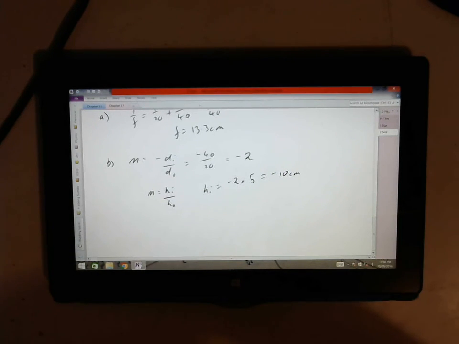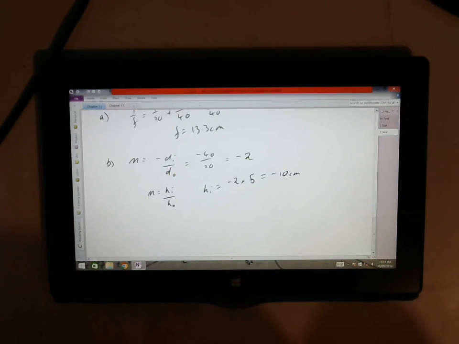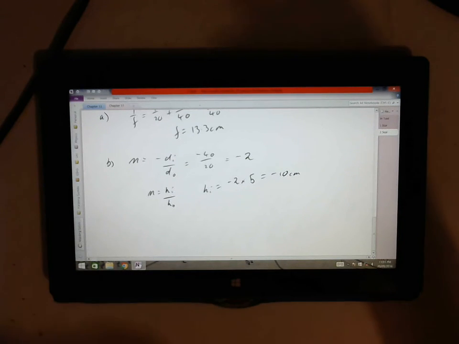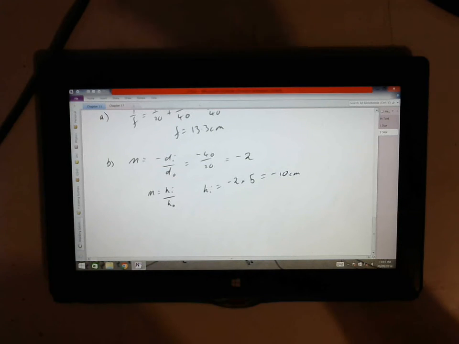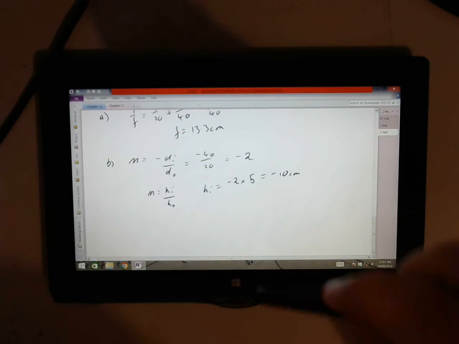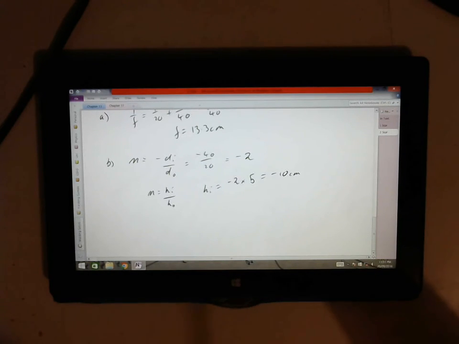Like, if we use these sort of mirrors to create an image in, say, a television or a projector, it starts off upside down, and then the mirror will flip it to be the right way for us. So to us it looks 10 centimeters upright, but in perspective of whatever's creating the image, it's 10 centimeters upside down. And we can use lenses to do the same thing so that things flip around. But for this sort of thing, you can answer it as just positive 10 centimeters because they only care about the size, the magnitude of it. They don't care about the direction of it.